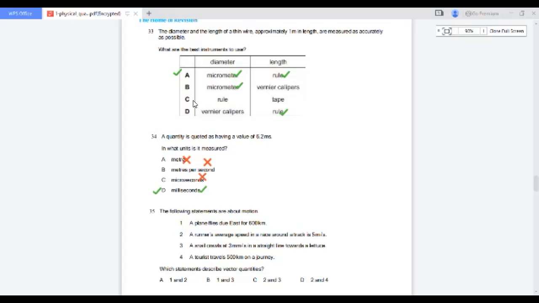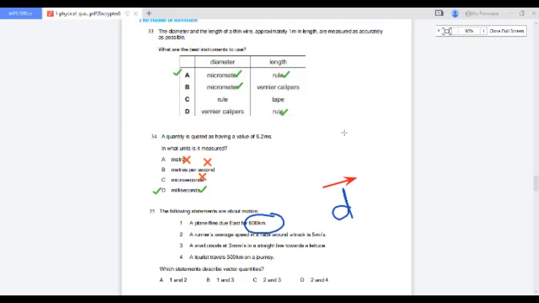So in 35, the following statements are about motion. A plane flies due east for 600 kilometers. Okay, so you can see it is 600 kilometers is the distance, and it's due east. East is a direction, so it would become displacement.